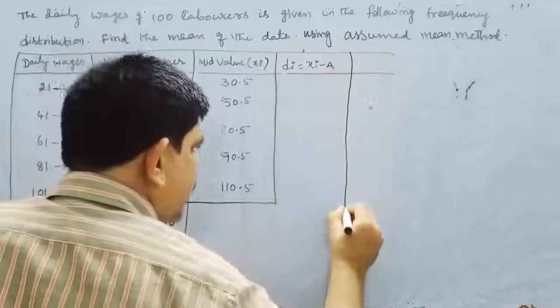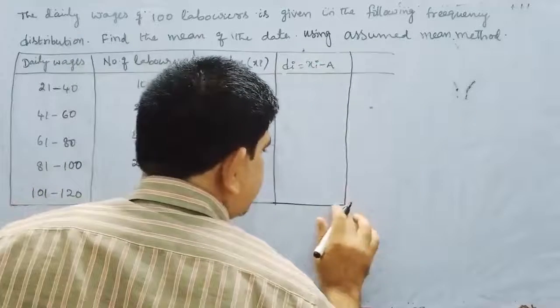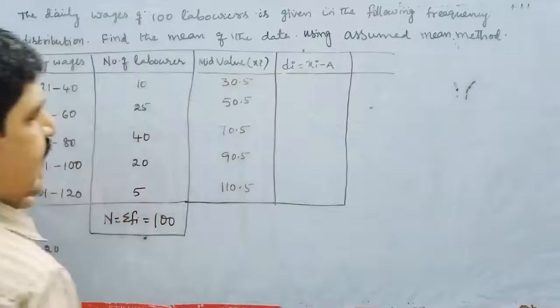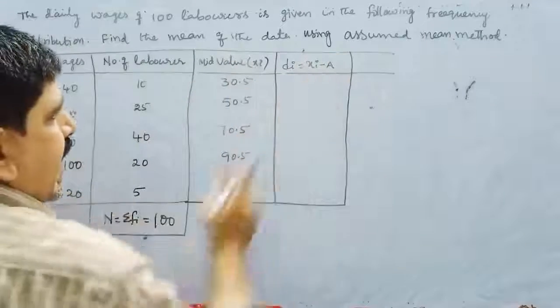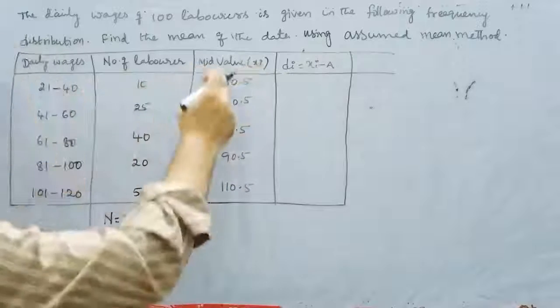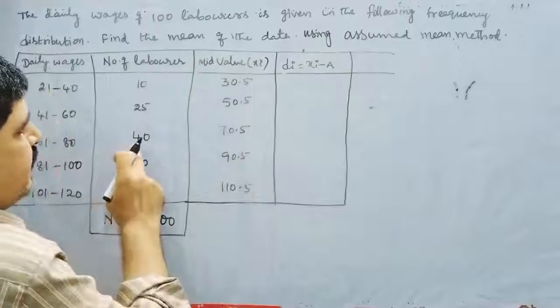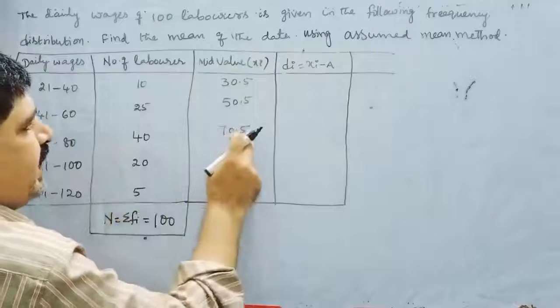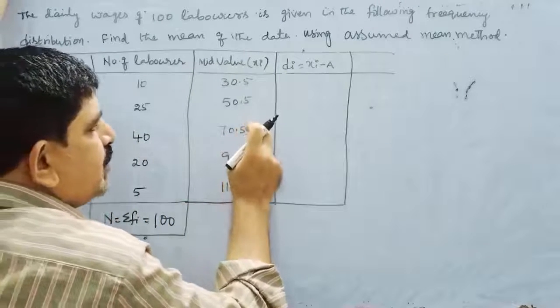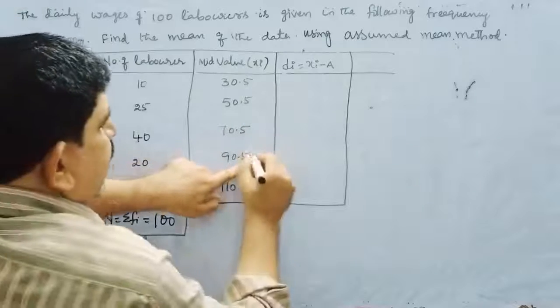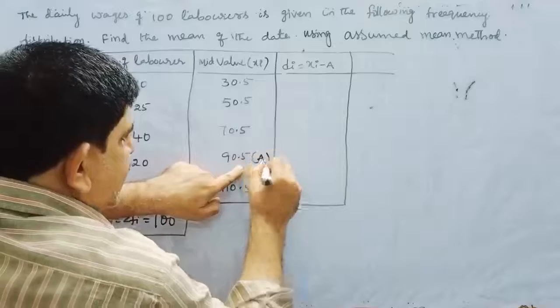Next column, di. di is equal to xi minus a. What is xi? Mid value. And a is the assumed mean. Among these mid values, the one corresponding to the highest frequency is taken as the assumed mean, or we can take any one. Suppose I am taking this as a, 90.5.